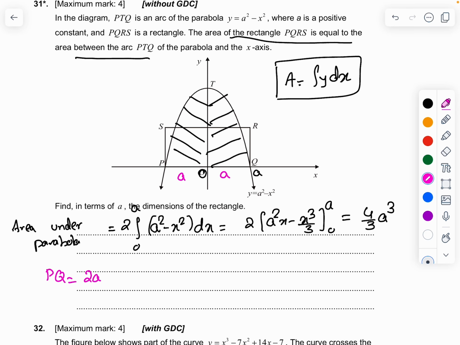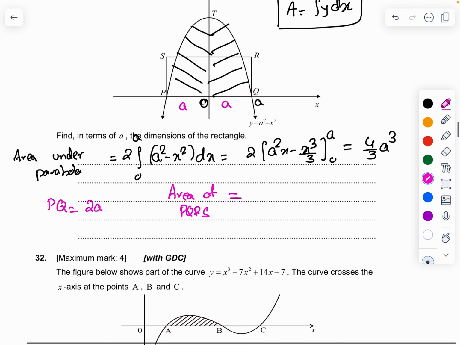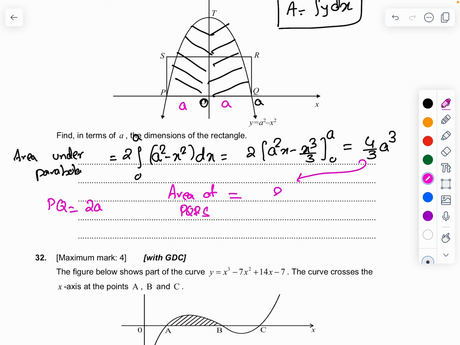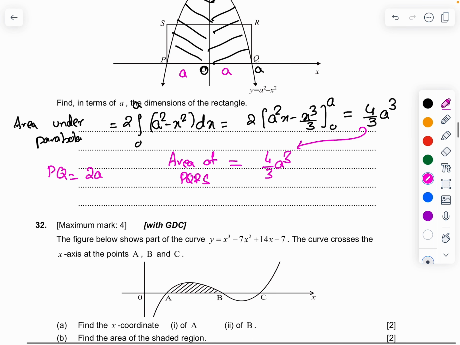He has given that the area of PQRS is equal to the area between the arc PTQ of the parabola and the x-axis. So the area of PQRS should be 4 upon 3 a cube. Area of a rectangle is length times width.